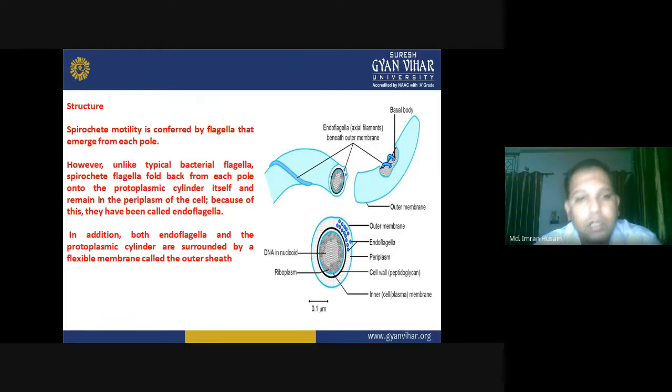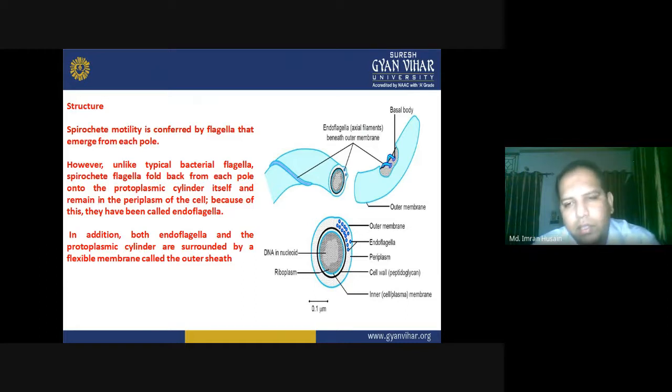However, unlike typical bacterial flagella, spirochete flagella fold back from each pole onto the protoplasmic cylinder itself and remain in the periplasm of the cell. Because of this, they have been called endoflagella. So they contract, they relax, and they are always present in the periplasmic space in between the two membranes.